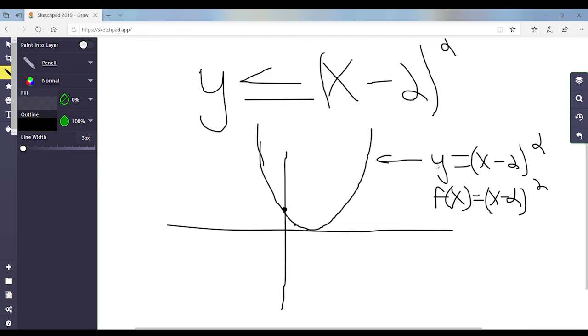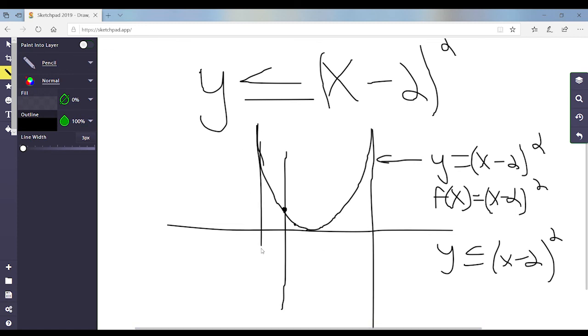But now what we're saying is that y has to be less than or equal to x minus 2 squared. So y is given a little bit more leeway in where it can be. So that means that y can either equal this, which is basically just y equals this, or it can be less than it. So it can be anywhere down here, and I'm going to shade it in. It can be anywhere below this.